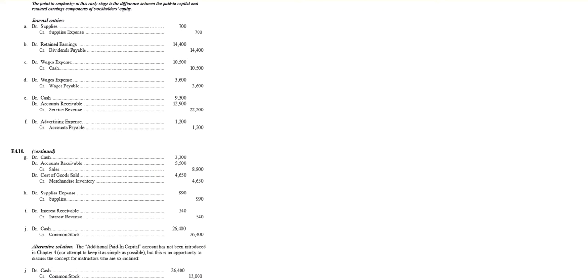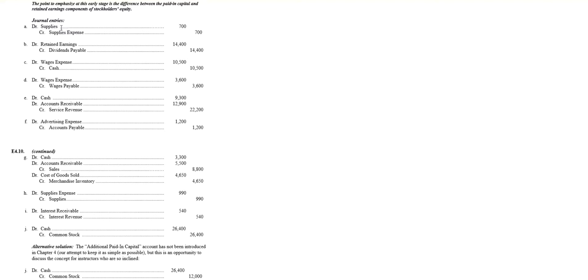So we'll look here again, and we see that we've got to do a journal entry that is putting supplies on the books, because you haven't done that yet, because you've been just debiting supplies expense every time you purchase supplies.